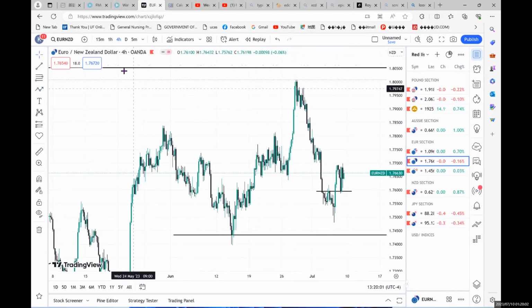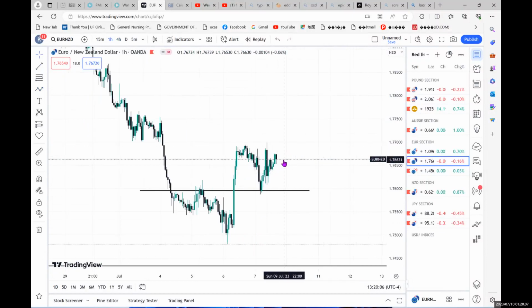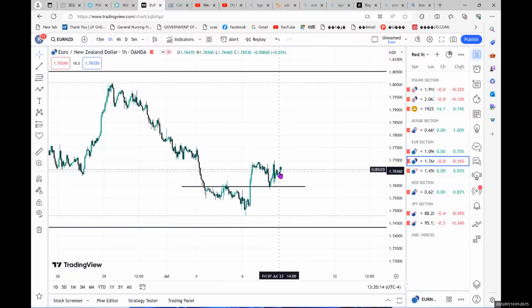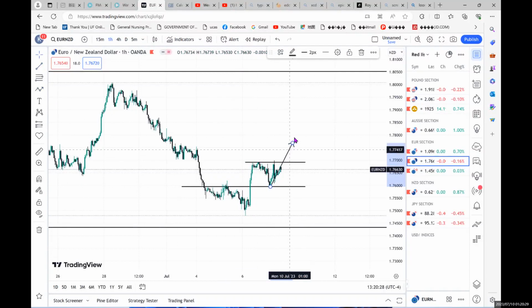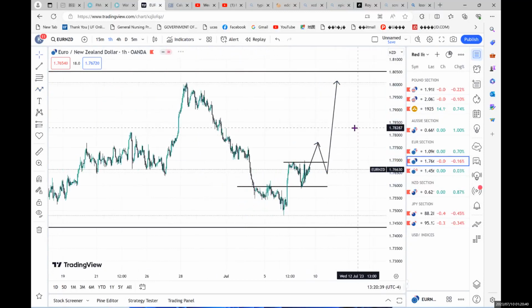So let's see it more clearly on the 1-hour chart. So what am I looking for? Here, it's a bit messy. So I'll wait to see something like this. Probably price might give us a push here, break this level here, which is a good confirmation that price will continue up, and then we'll wait for a pullback, and then we take it, go up as high as we could.